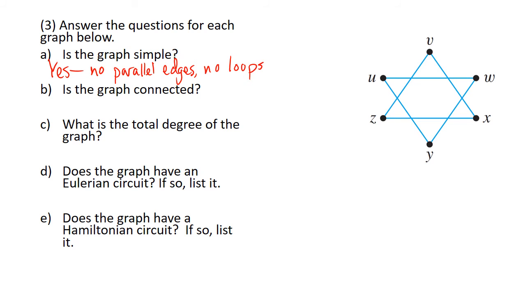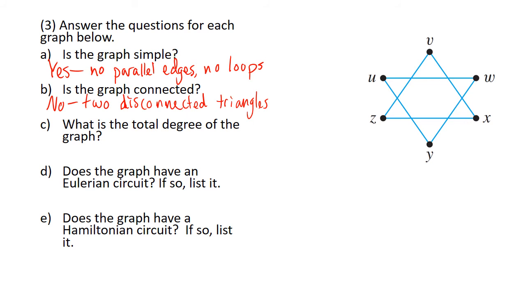So it's two completely separate triangles, and there are no vertices where those triangles are crossing at, so you cannot get from one triangle to the other triangle along an edge. So it's two disconnected triangles. Okay, so for example, you cannot get from vertex U to vertex Z along any sequence of edges.